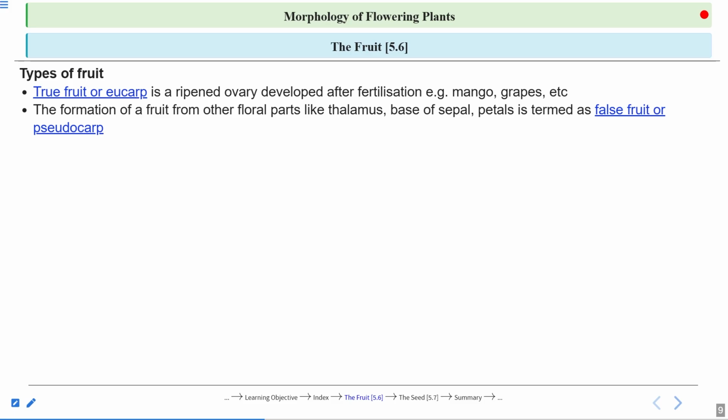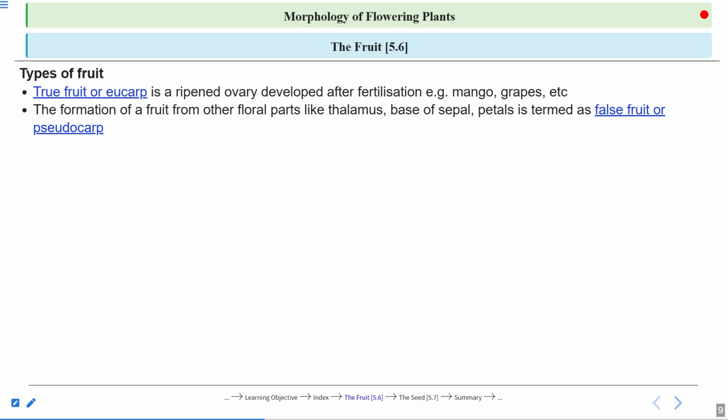It means if the fruit is forming without the ovary and the part that you are eating is not the ovary, then that is not a true fruit. For example, apple. You eat apple. Apple is not a ripened ovary. The part that you eat in the case of apple is the thalamus or receptacle. Then where is the ovary? The ovary is embedded inside the thalamus only.